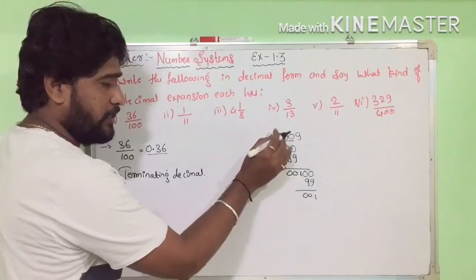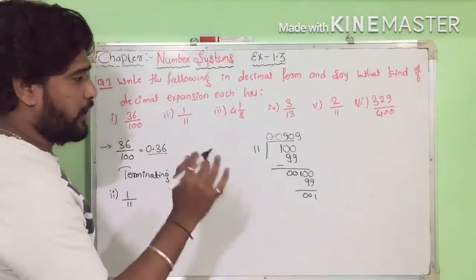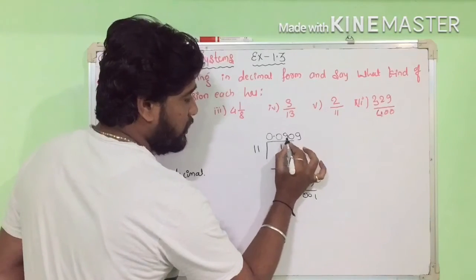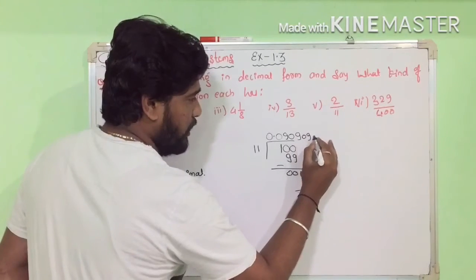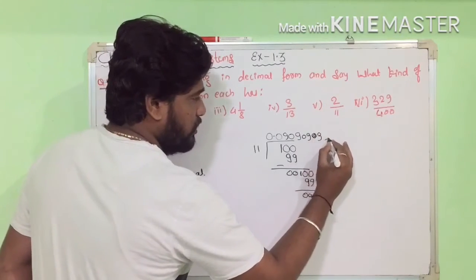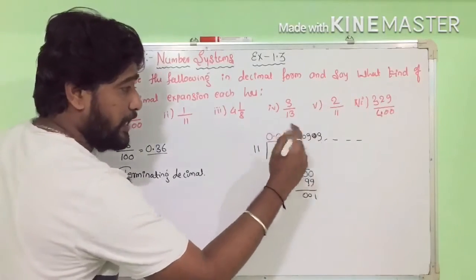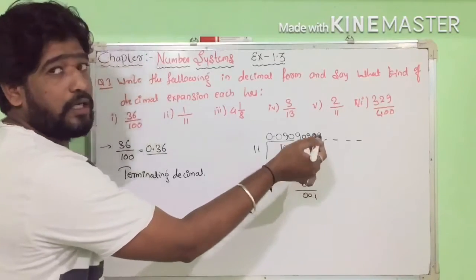So it is a non-terminating decimal. And see here, the digits are repeating: 0 9 0 9, and so on. The digits are repeating, and it is non-terminating and recurring.